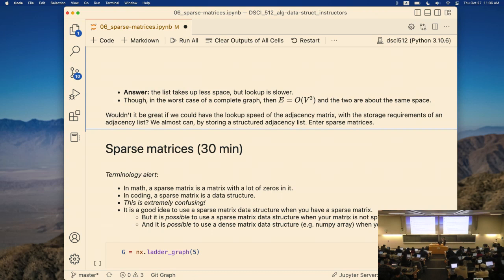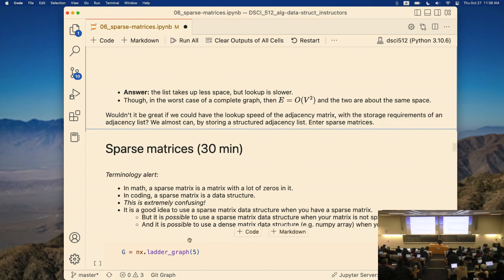So it's like a two-dimensional matrix. I mean, this is not related to code or Python program, anything. This is just a math idea. If a matrix has a lot of zeros in it, that would be a sparse matrix in mathematics. In coding, this sparse matrix thing is a particular data structure. Okay, so this can be confusing, but this is just a heads up here.